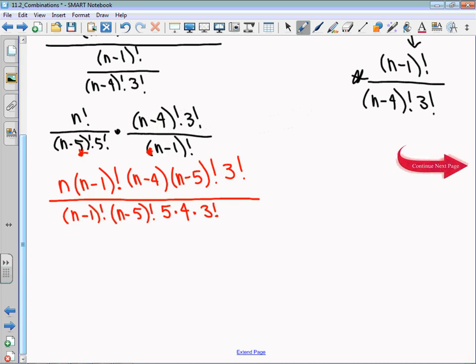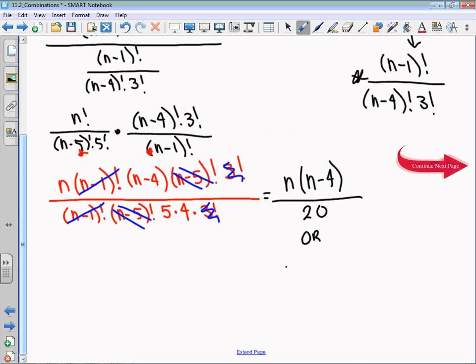Now what we see happening is, because the numerator and the denominator are just a bunch of factors all multiplied together, the n minus 1 factorial cancels with the n minus 1 factorial, the n minus 5 factorial cancels with this n minus 5 factorial, and the 3 factorial cancels with that 3 factorial. What I'm left with, and this is the final simplified version, although I'll show a little bit more simplification, is n times n minus 4 divided by 5 times 4, which is 20. Or we could write that as n squared minus 4n divided by 20, just by distributing that n on.